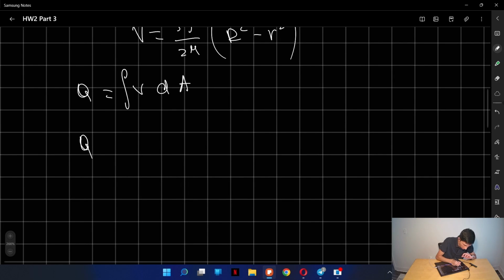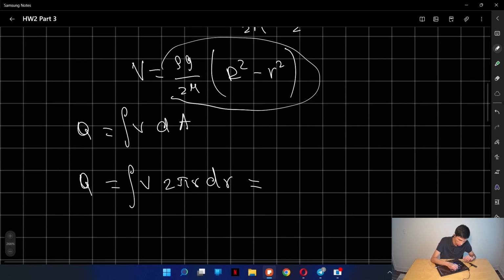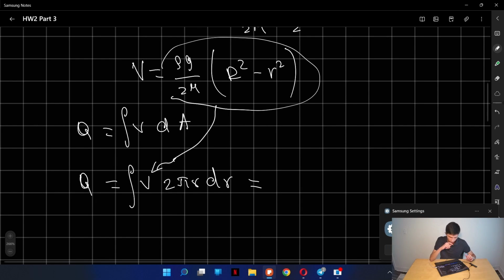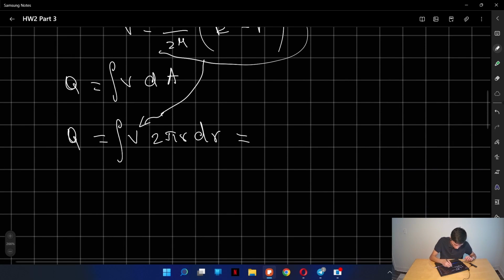What we're going to have is velocity integrated over 2 pi r, and that's going to be dr, the radius. Before the integration, we have to plug this back into our velocity, right?